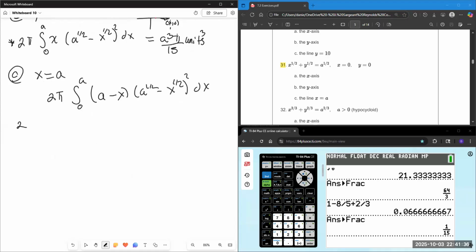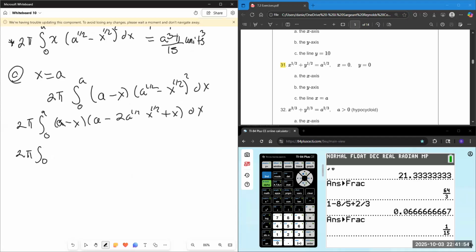This is 2 pi, 0 to a, and a minus x times a minus 2a to the 1/2 x to the 1/2 plus x dx.